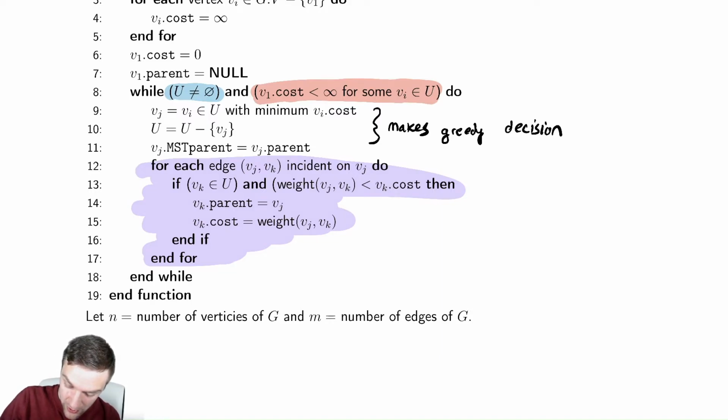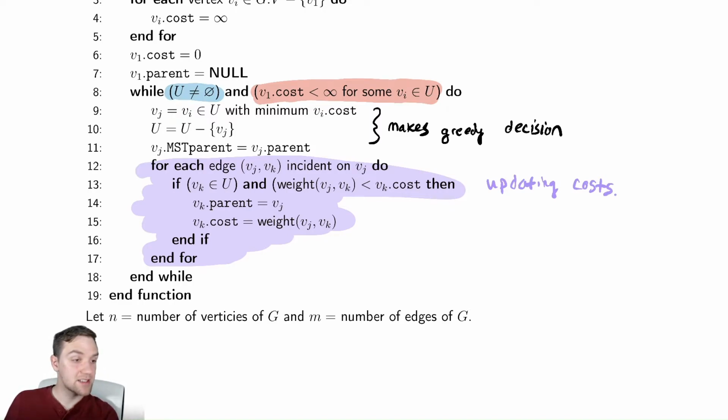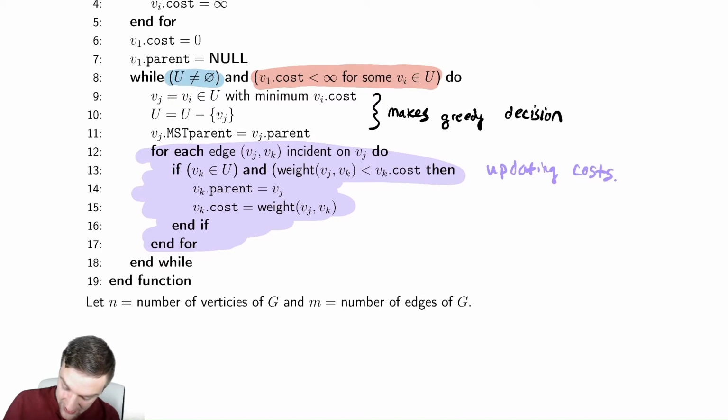All of that code, what it's doing is updating costs. So let us try and analyze this algorithm then. If we look at this step here is now a lot easier. Let's begin by maybe highlighting that in a third color here. Let's do this green. We haven't used a green yet.